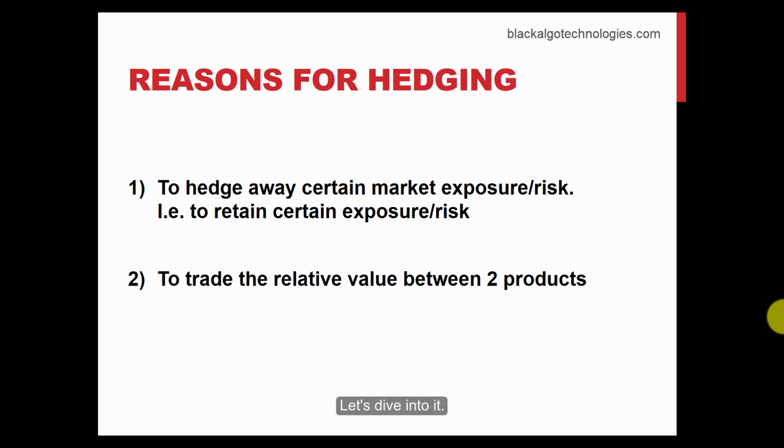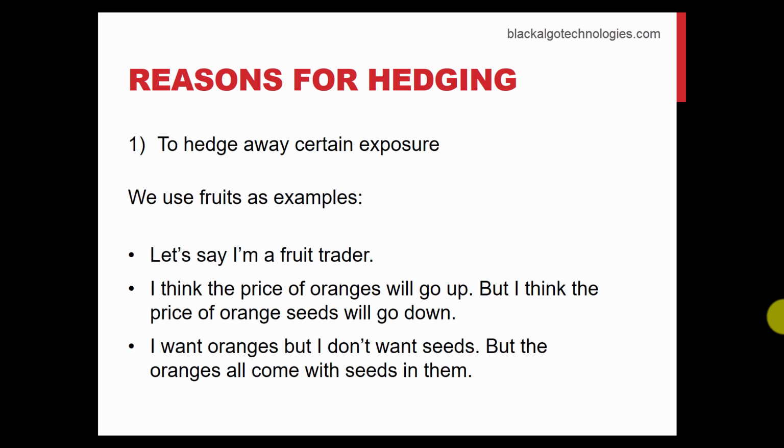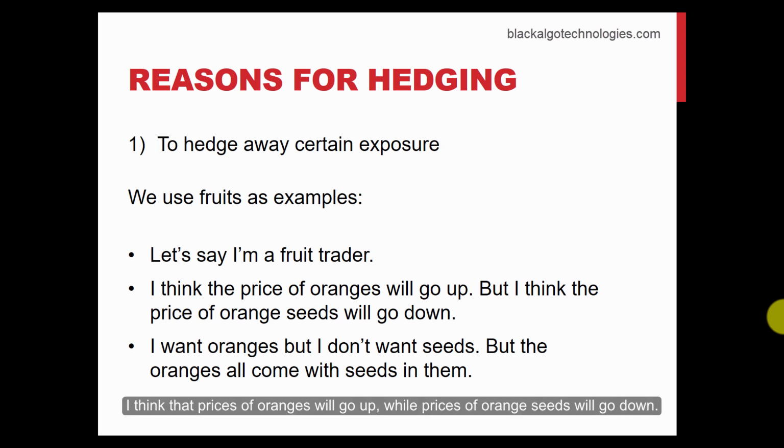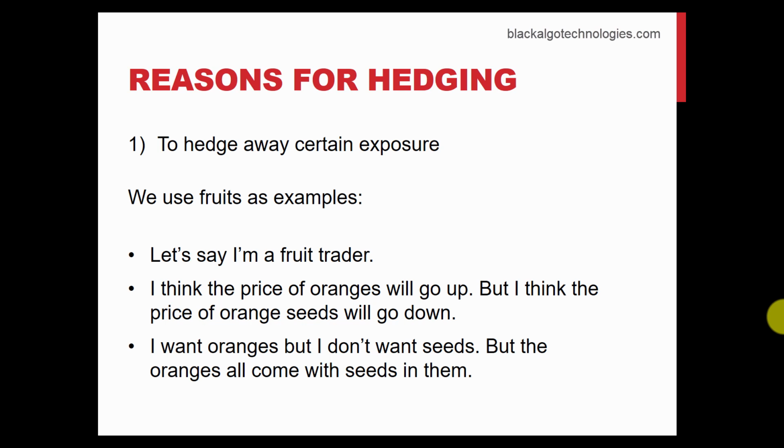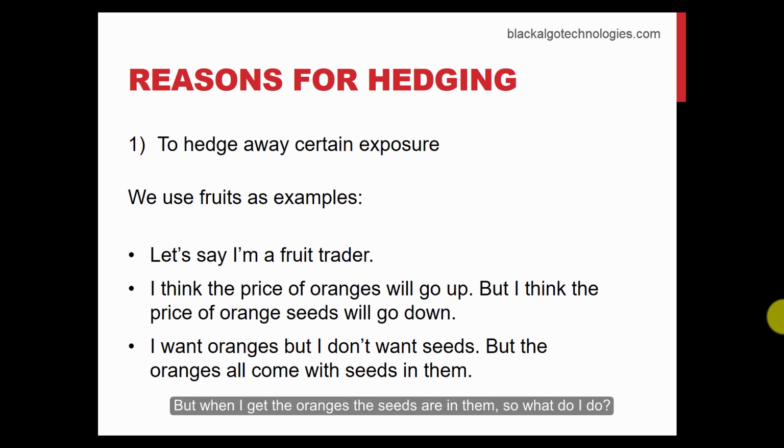Alright, let's dive into it. We are going to use fruits as an example. Say right now, I'm a fruit store owner, for example. I think that prices of oranges will go up, but the price of orange seeds will go down. I don't want the seeds, I want an orange. But when I get the oranges, the seeds are in them. So what do I do?